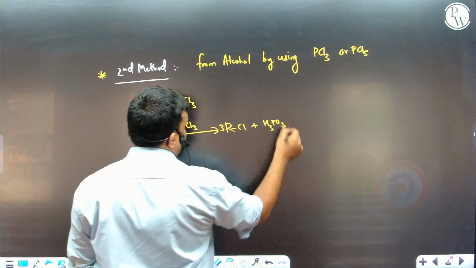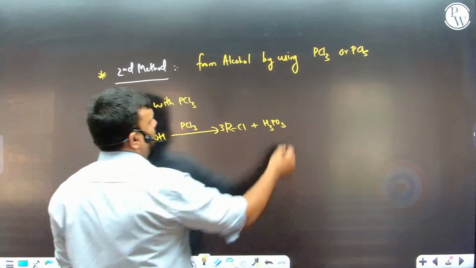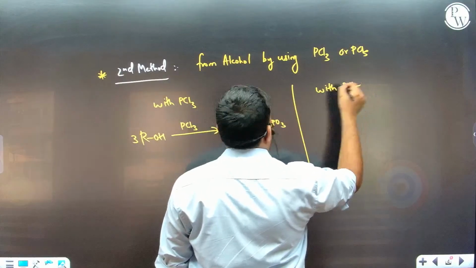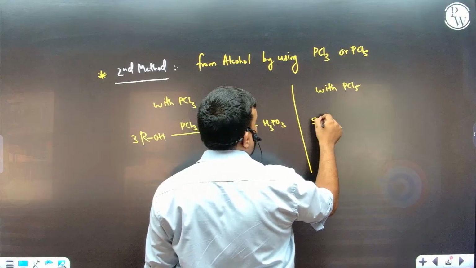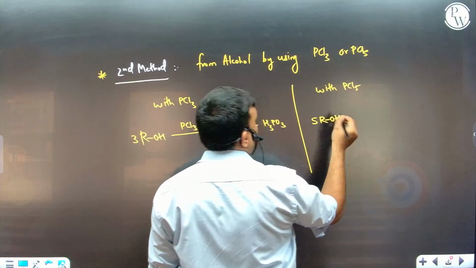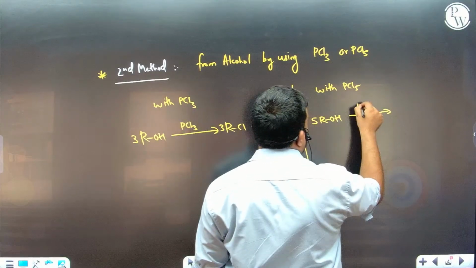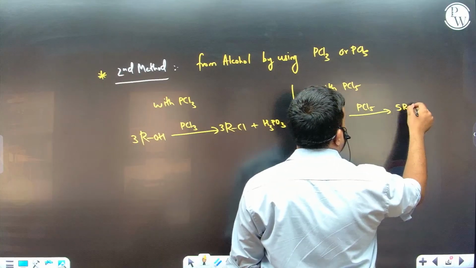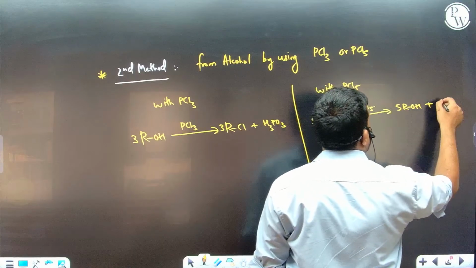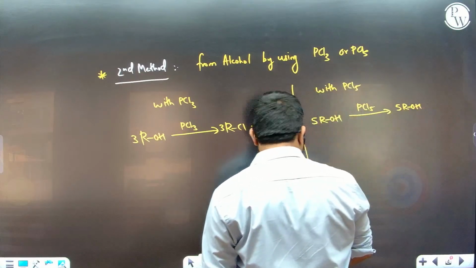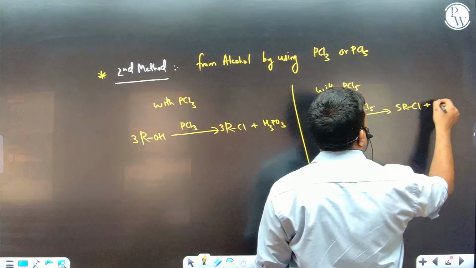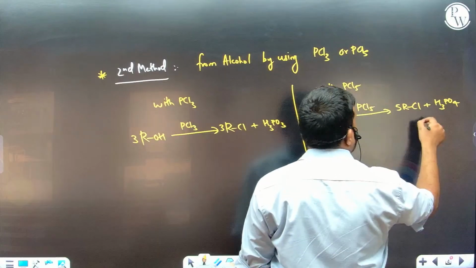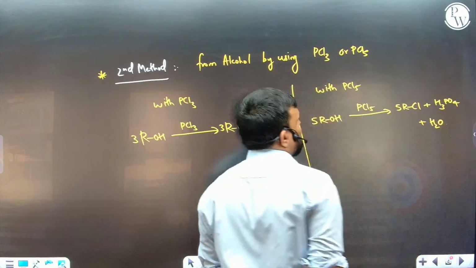With PCl5 you react, and you get RCl plus H3PO4 plus H2O as the byproduct.